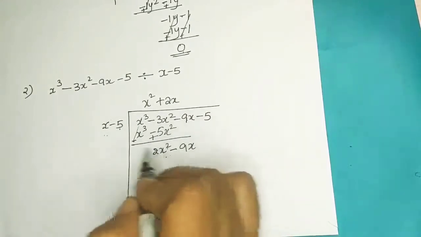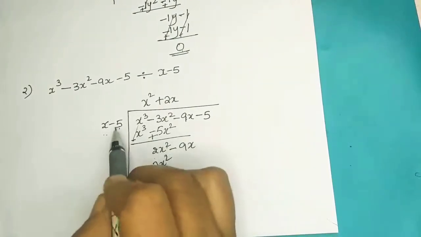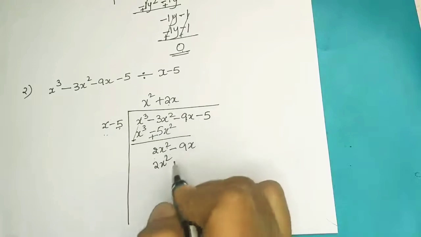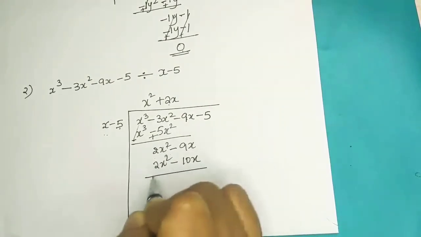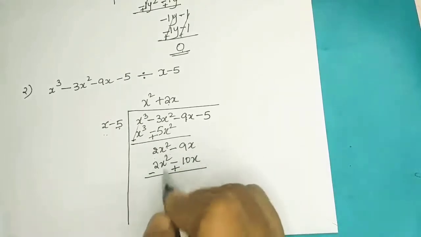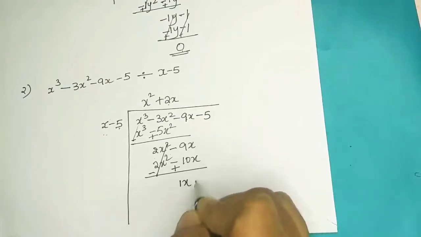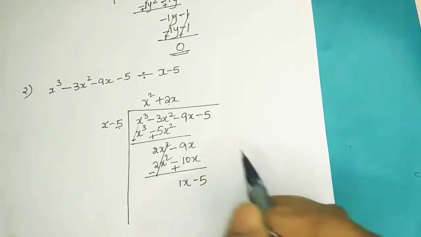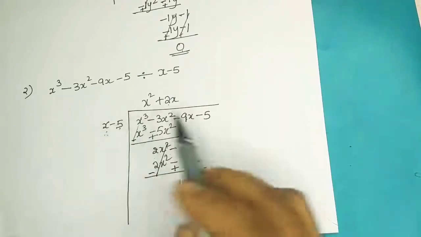Now, negative 5 into positive 2x is negative 10x. We change the sign and subtract, so what you get here is 1x minus 5. With what term do you multiply x to get 1x?